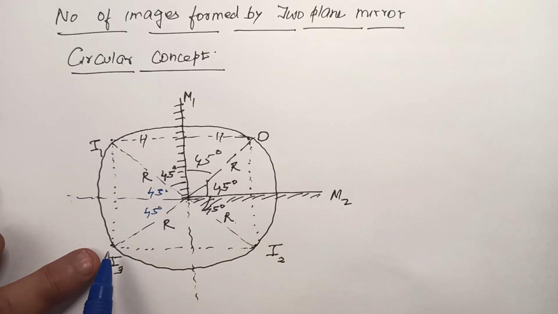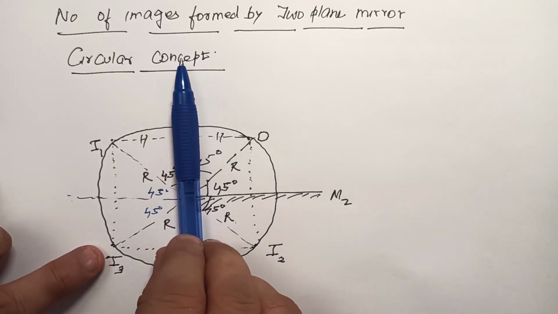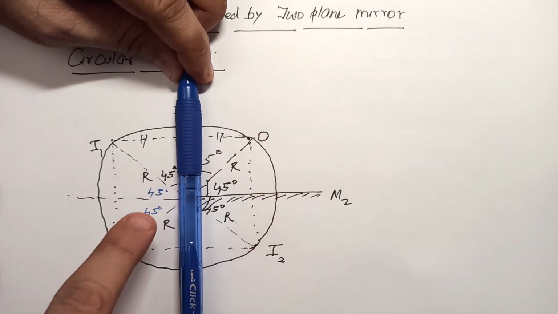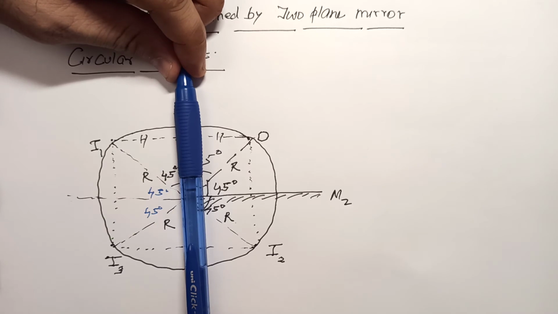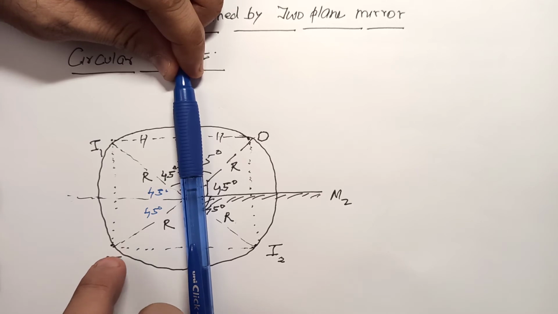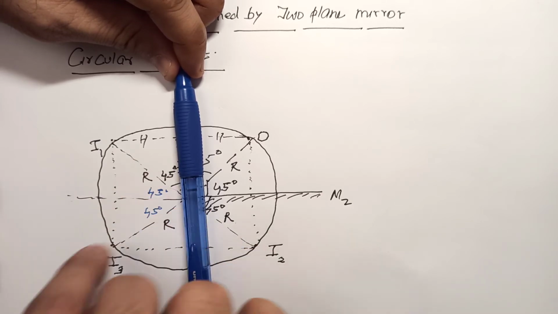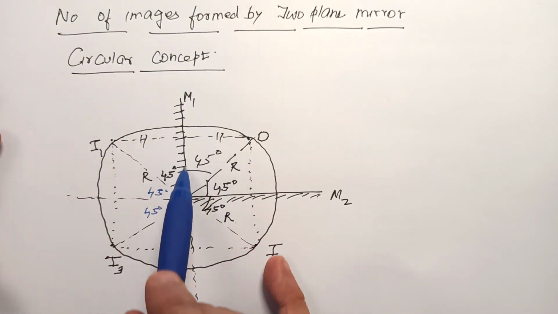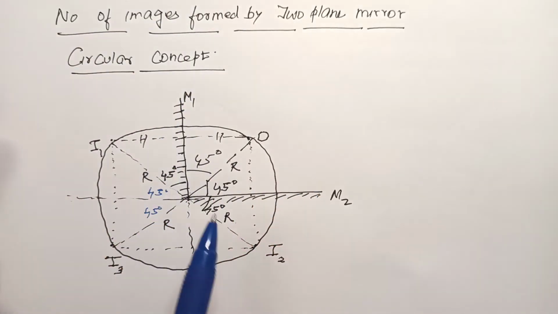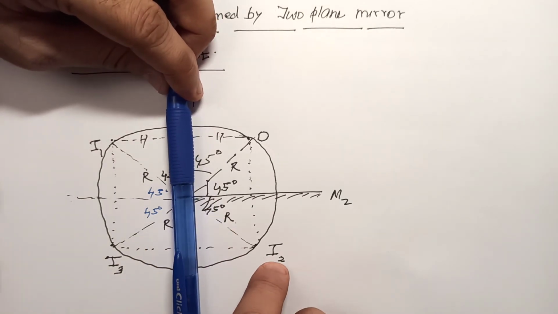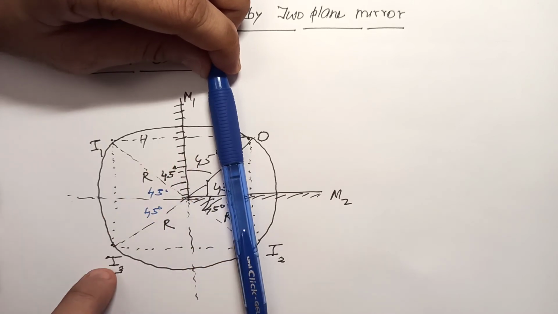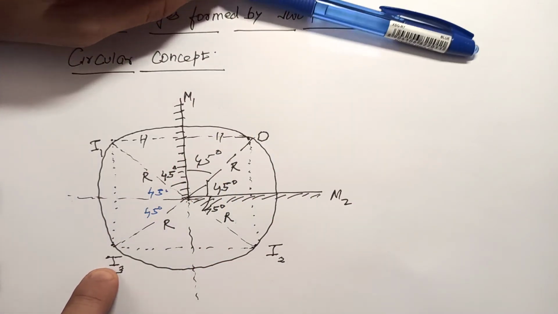Now look at this image, and this is the mirror, right? Angle from this, for this mirror, but again this will not behave as an object because this side is polished. So we will just talk about this side. This is at 135, so the image would be here at I3, which is 135. Okay.